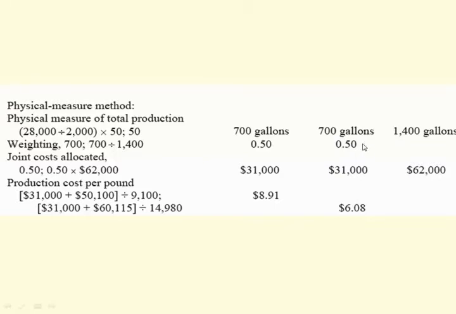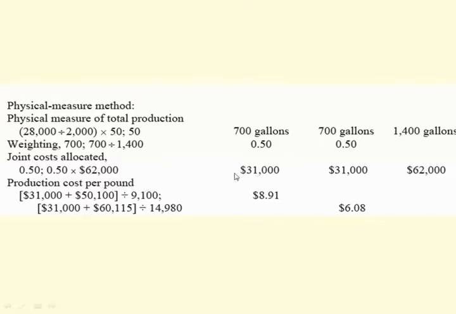Now we need to allocate joint costs based on these percentages. Joint cost 62,000 multiplied by 50% will equal 31,000, and here also 31,000, and the total also must equal 62,000, the joint cost. Now we need to calculate production cost per pound.